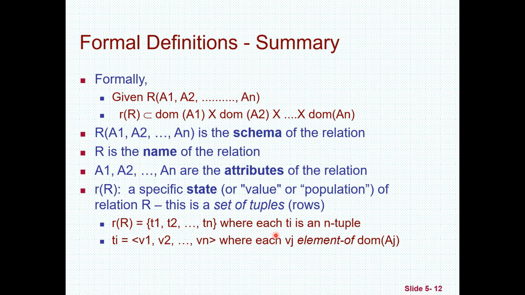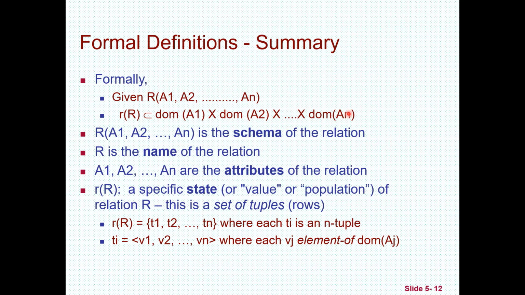Another definition: we can define R of A1, A2, ..., An, and small r of R, which is a row of the relation, is a subset of the domain of the first attribute, Cartesian product with the domain of the second attribute, and again the Cartesian product with the domain of the nth attribute.